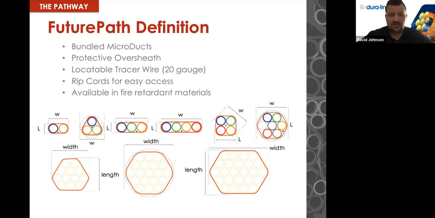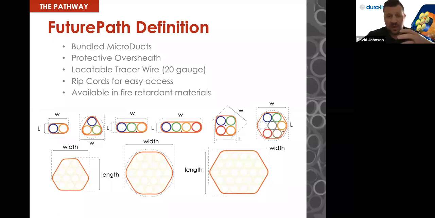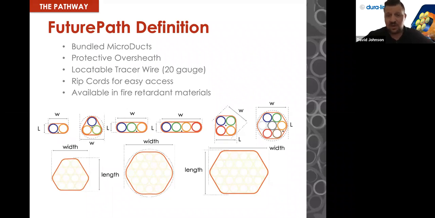It all has a protective oversheath. That oversheath is for installation purposes. So as you're installing that into the ground, all those microducts are staying together. They're not twisting, they're not turning, they're not spinning, they're not causing any kinking, and it allows for an easy install. Then inside of this FuturePath bundle, it comes with a standard 20 gauge locate wire.